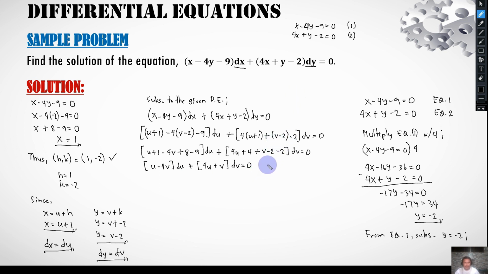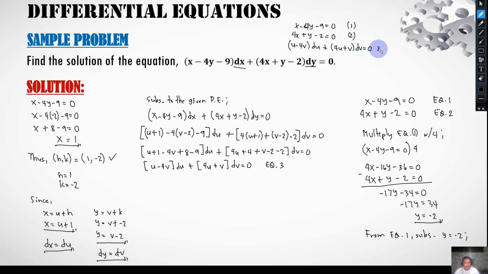So, we will denote this one as equation number 3. So, we have u minus 4v, and then this is du, plus itong isa is 4u plus your v dv is equal to 0.